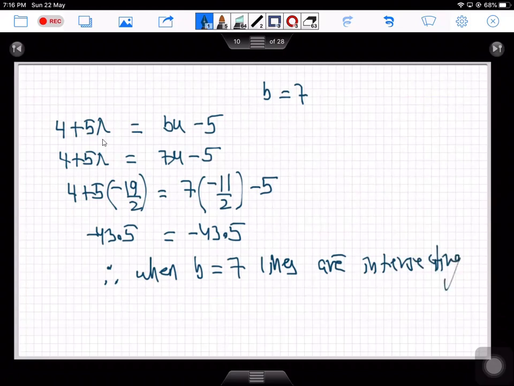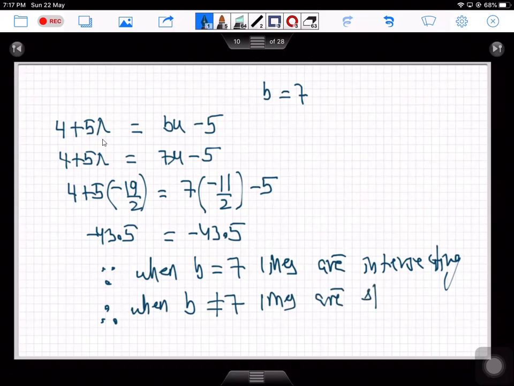Since when b is equal to 7, the lines are intersecting, therefore, when b is not equal to 7, the lines are skew.